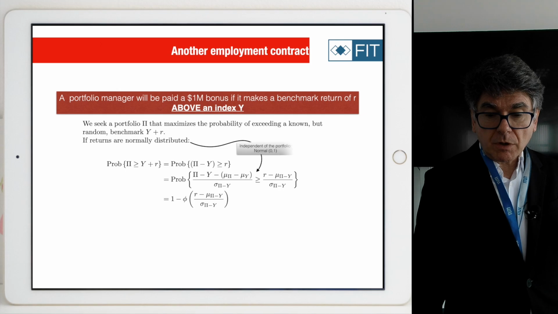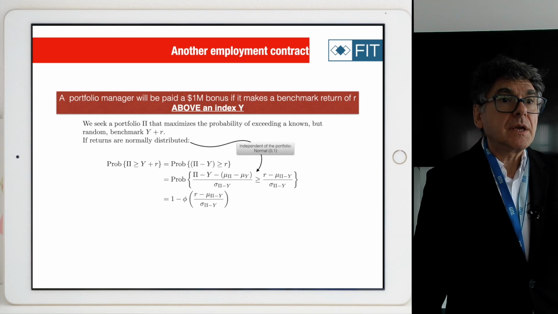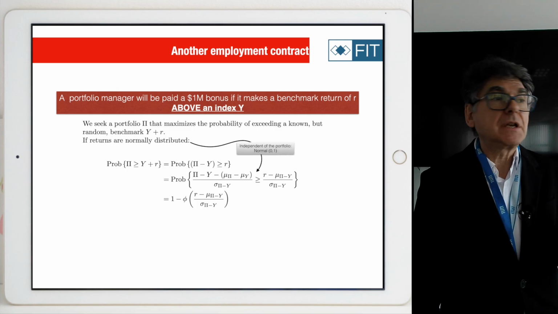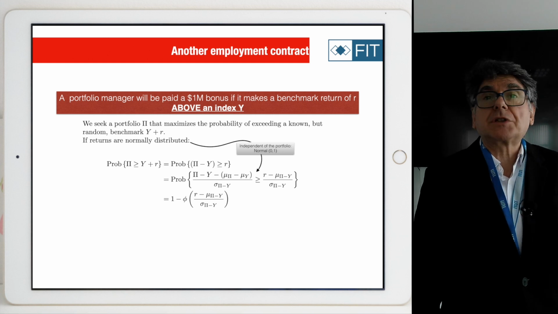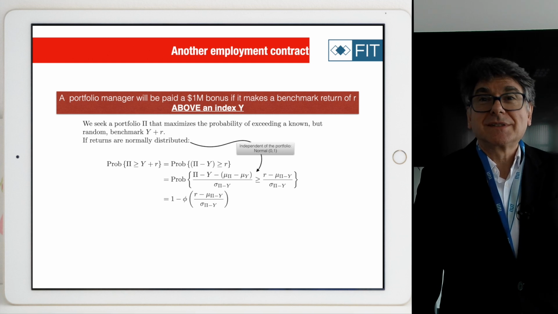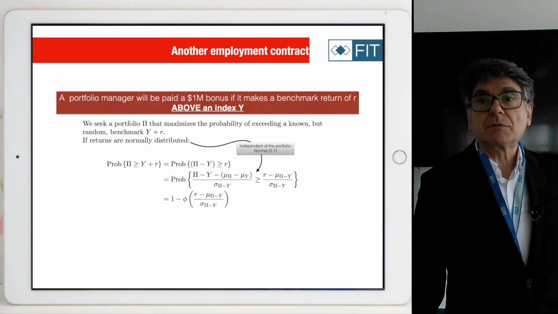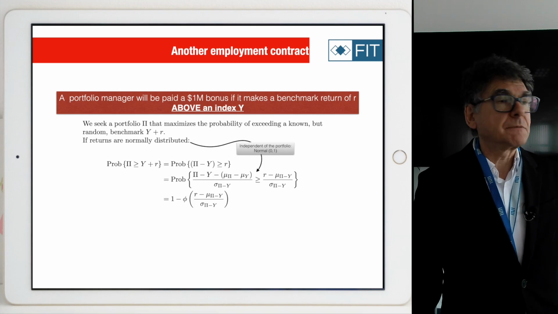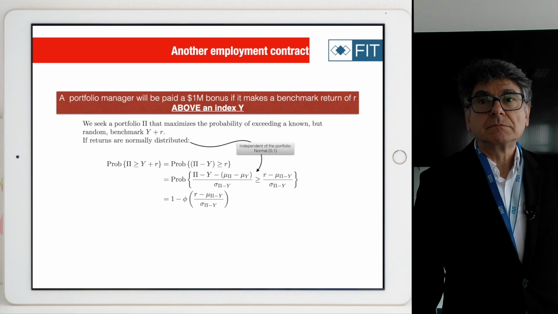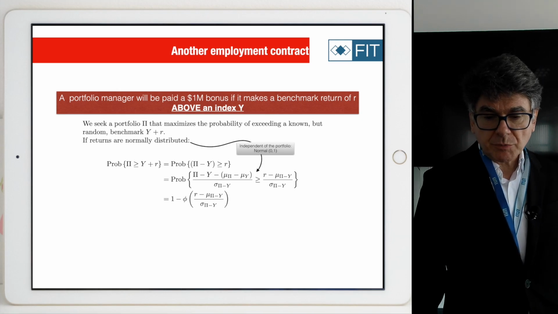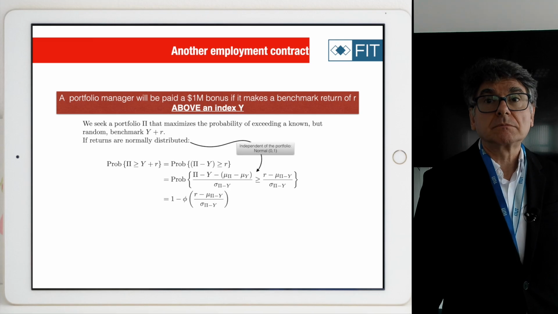But as before, if that difference is Gaussian, which for the first day at work, I can assume that. If that difference is Gaussian, then that cumulative distribution function is independent of the portfolio. It only depends on the parameters mu and sigma, as before.